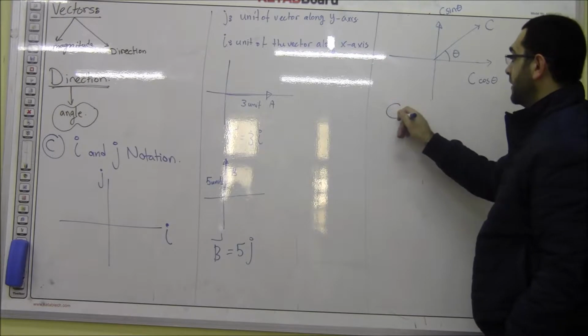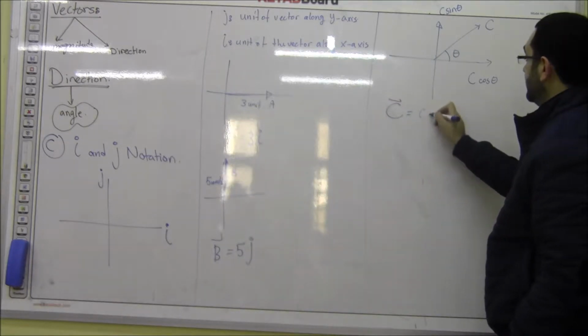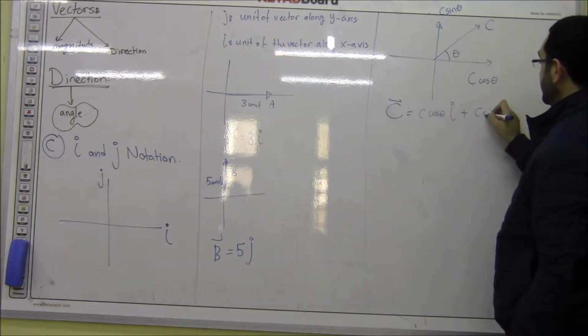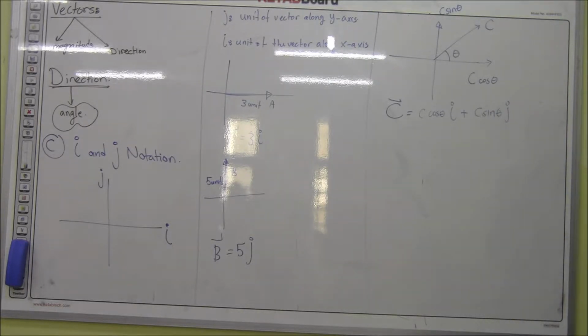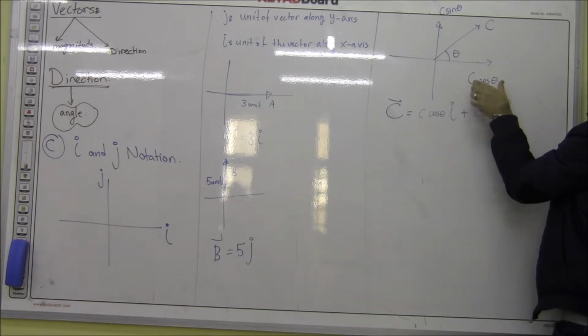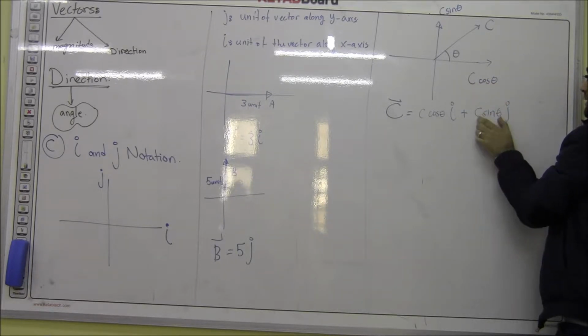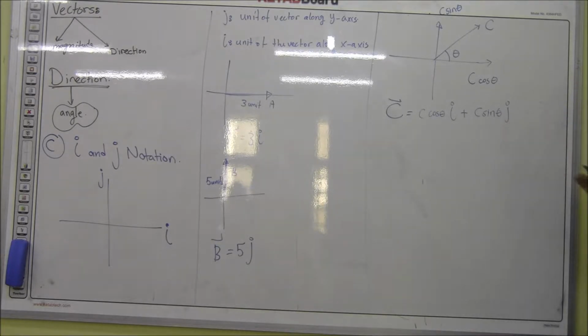How may I write C as a vector? C equals C cosine theta I plus C sine theta J. Clear? C cosine theta is the number of units, or component, of C along the x-axis, and C sine theta is the unit along the y-axis. Clear? Okay, fine.